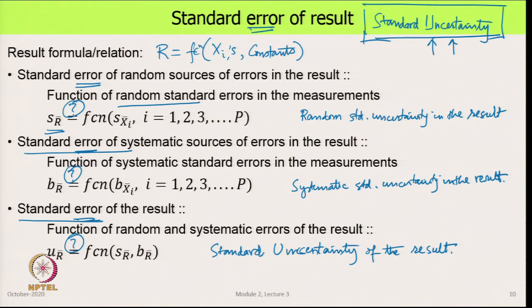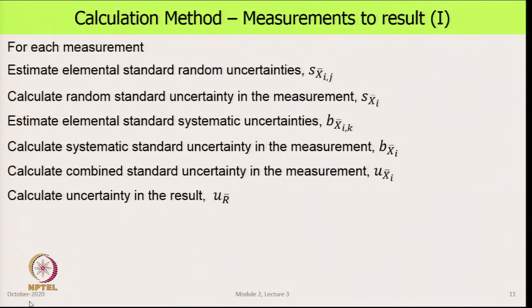We know how we are going to proceed, and we can now summarize and say what is the calculation procedure for all of this. So, everything that we have looked at in the last few minutes, I have summarized it here. So, for each measurement, we first calculate the mean value or the nominal value.